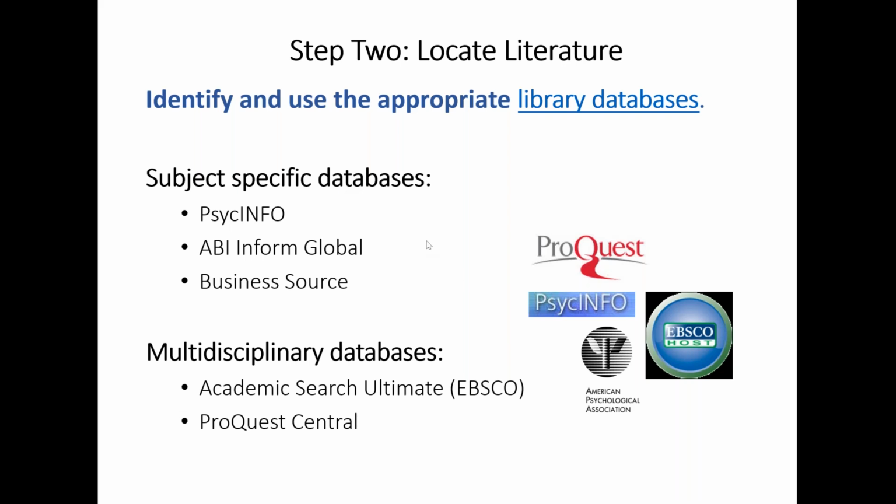You can also look at multidisciplinary databases like Academic Search Ultimate or ProQuest Central. Those are really good. I usually start with a subject-specific database and then move on to multidisciplinary databases. And then I'll also use OneSearch to see if I'm getting the same results or different results. You know, every place that you do a search is going to give you slightly different results, right?